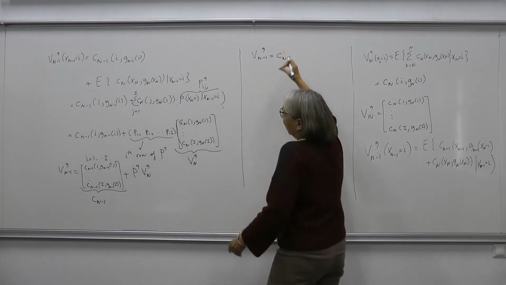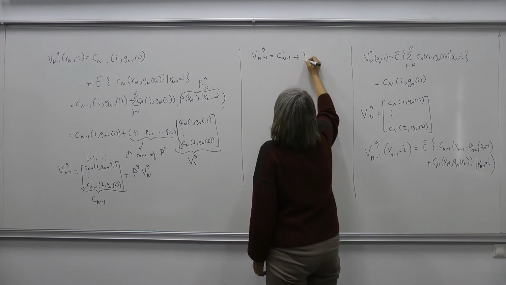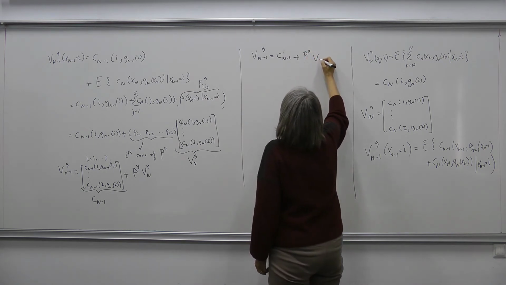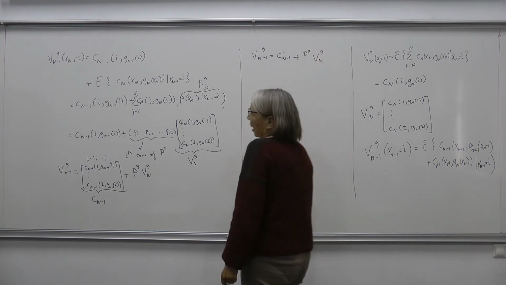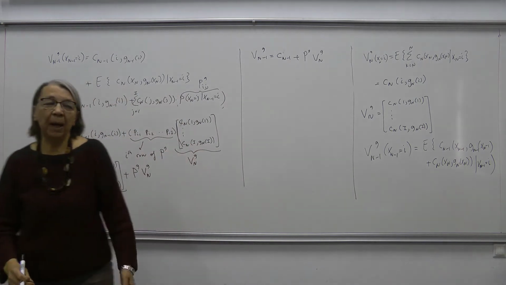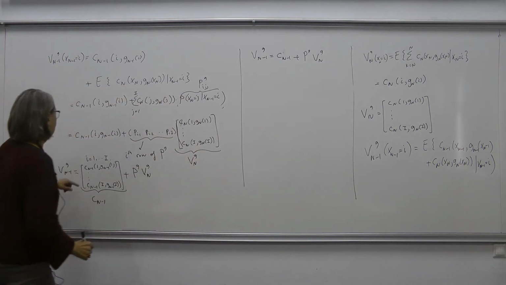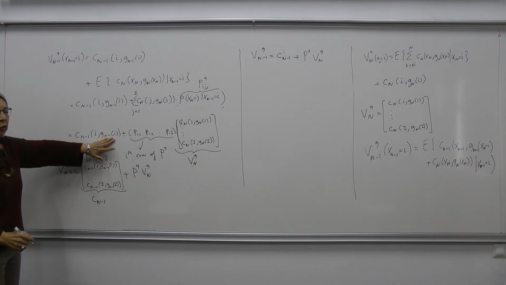It depends on g, but I will not write it, plus P_g times V sub n of g. This C sub n-1 depends on g because the second argument here is a function of g.